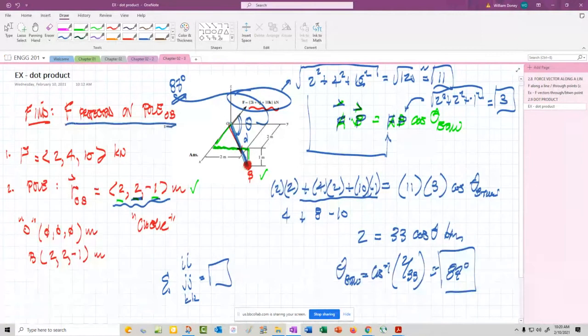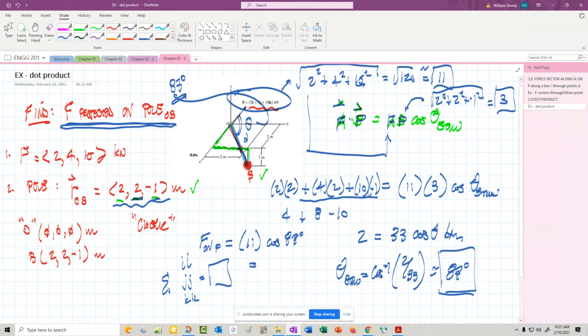Now, we were originally asked to find the projection of the force. So really what I'm going to do is take that force and cosine it there. It'll tell me how much of that is on there. So I'm basically taking the magnitude, which is 11. We're trying to find how much of that force is on the pole, on P. So I'm going to take the 11 and cosine it with 87.